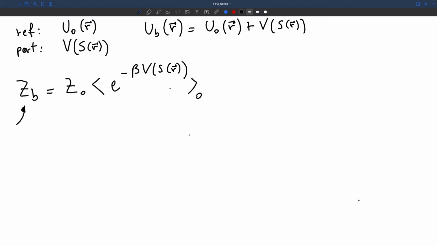So we can use this expression to write an equation for the bias probability density sampled in simulations that are performed under the effect of the bias potential V of s.